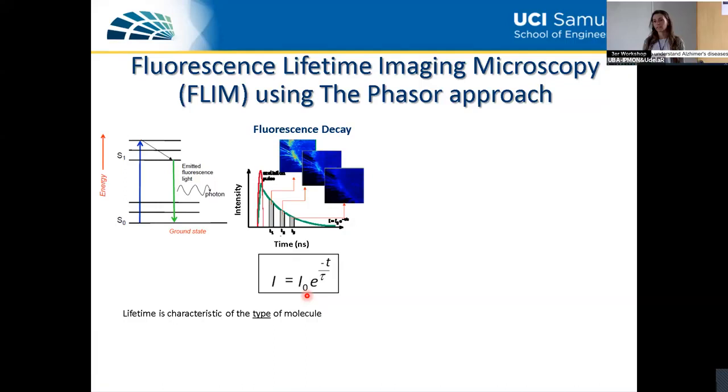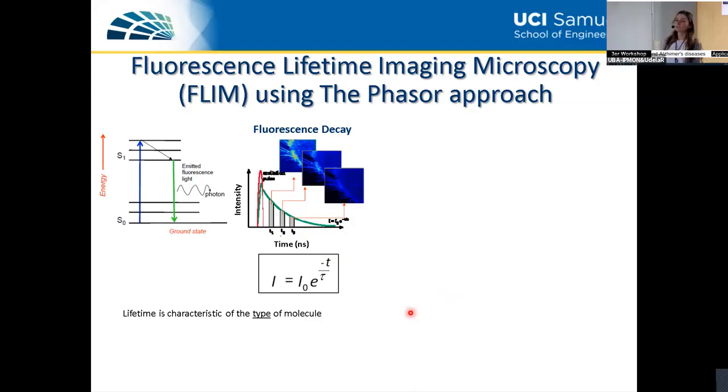thing of the molecules, which in our case is the time in between the absorption of a photon and the emission of that photon. What we do in the microscope with FLIM is give a pulse with a pulsed laser, and we excite the molecules, and then we record the photons that arrive over time, and we have this characteristic fluorescence decay curve.